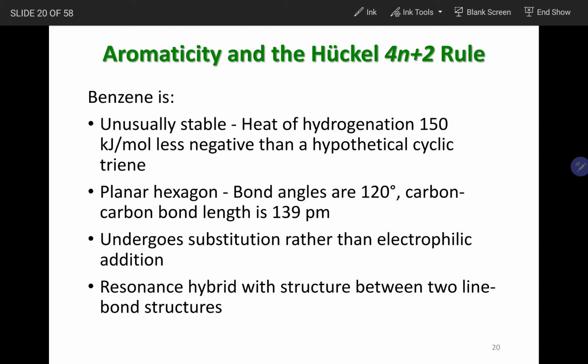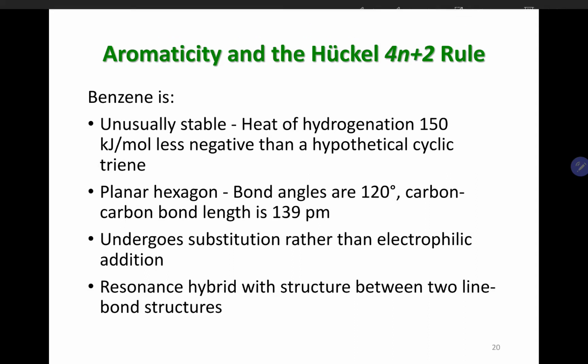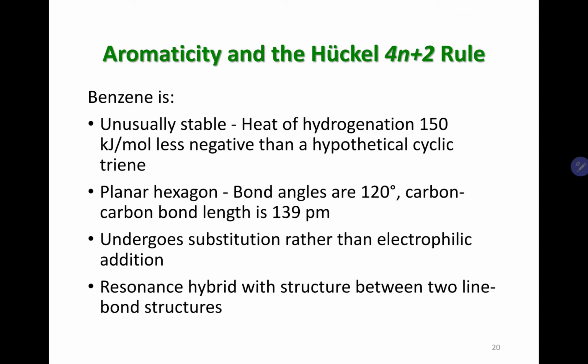benzene is extremely stable. Benzene does not undergo reactions easily. The reactivity is low, which means stability is high. In chemistry, reactivity and stability are inversely proportional, so if a molecule is less reactive, it is more stable.